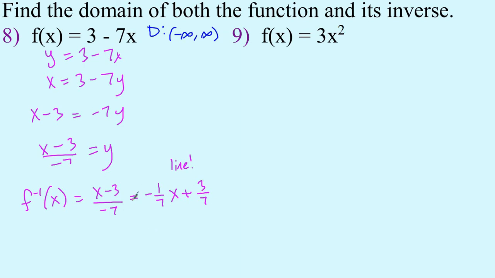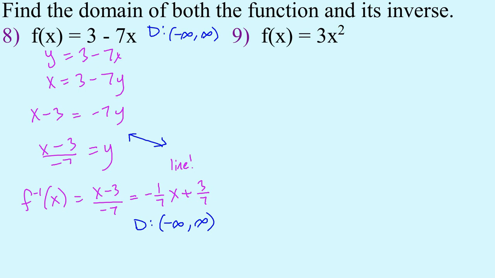And notice that our inverse is also a line, so the domain is all reals. Okay, if you were to graph that, these have negative slopes, so it looks something like this. So x can be anything, and x never repeats.